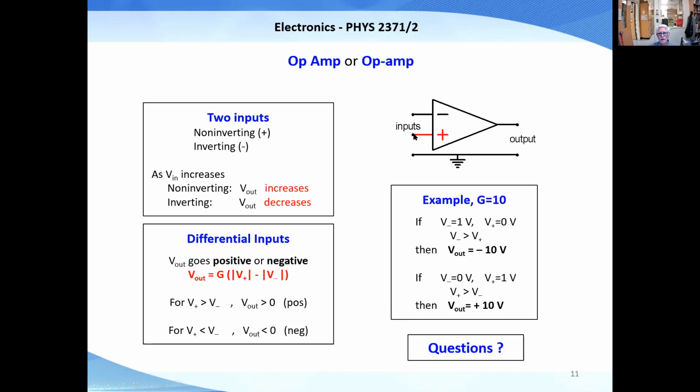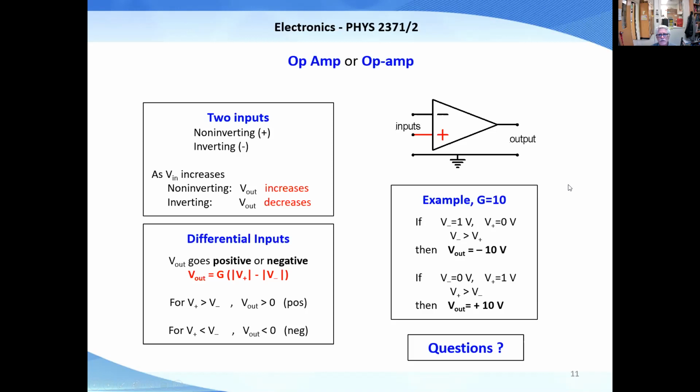If you put a battery between the plus and the ground, that's plus voltage, or you could put a battery between the minus and the ground. A voltage is a potential difference, so it's the difference from ground, and we're just defining ground as 0 volts. Okay, thank you.